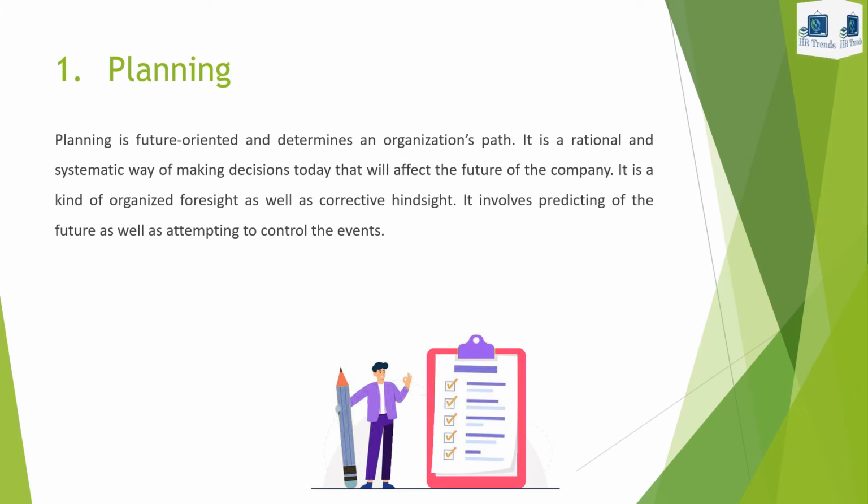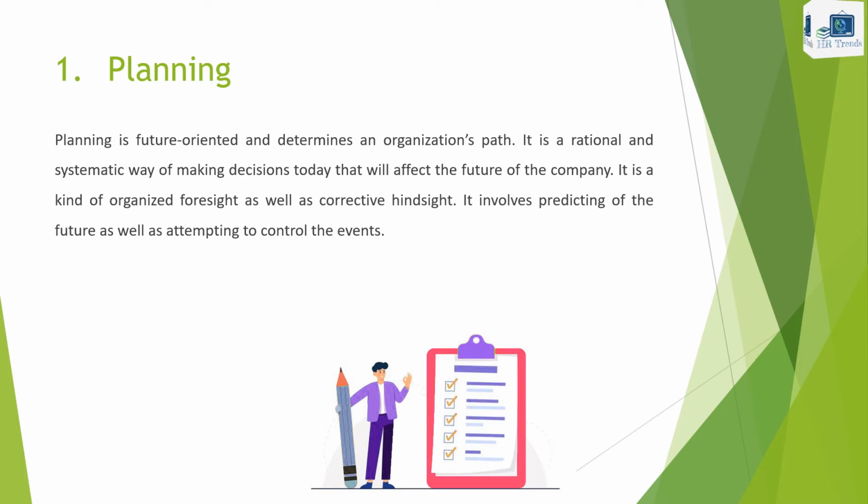Okay, let's discuss planning. Planning is future-oriented and determines an organization's path. It's a rational and systematic way of making decisions today that will affect the future of the company.